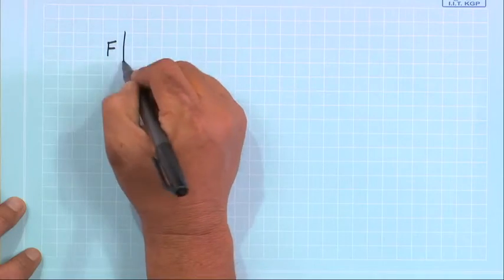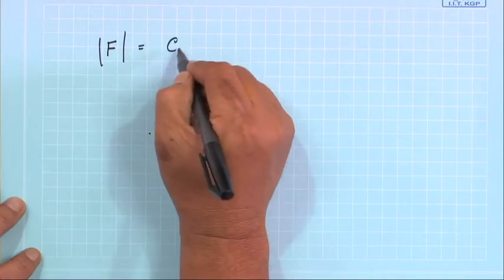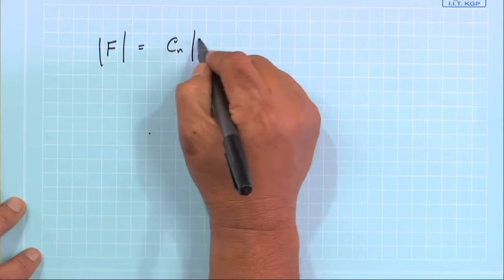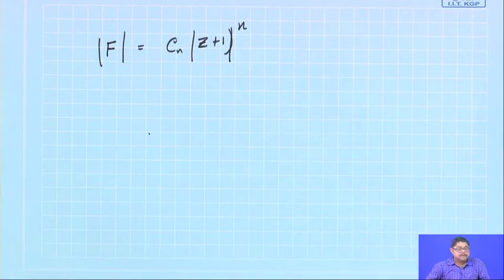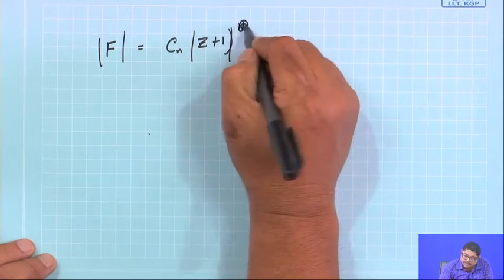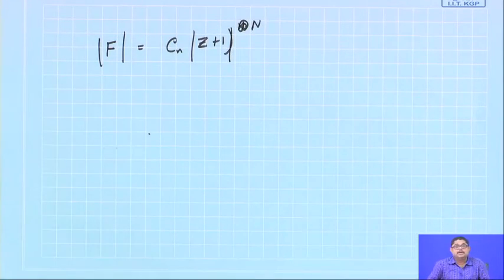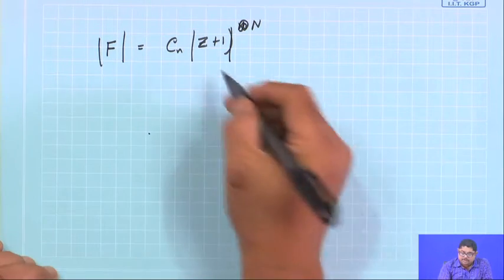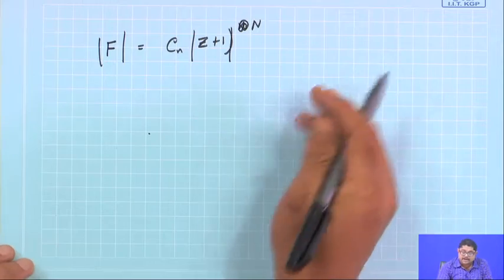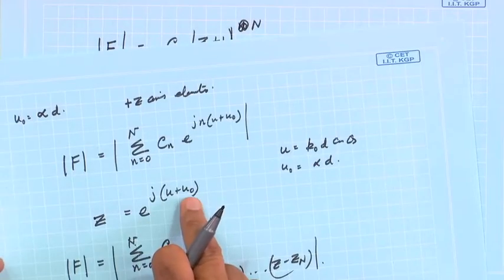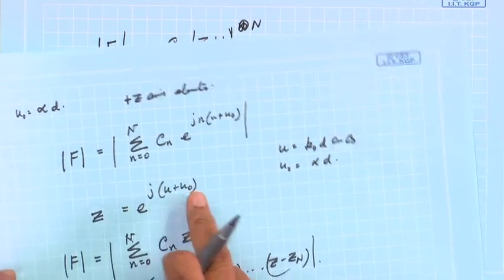Suppose I choose the array factor so that I place capital N zeros at z is equal to minus 1. What is z is equal to minus 1?